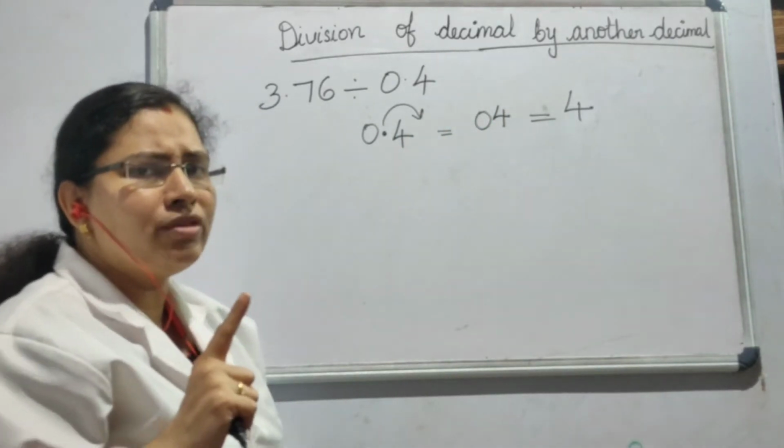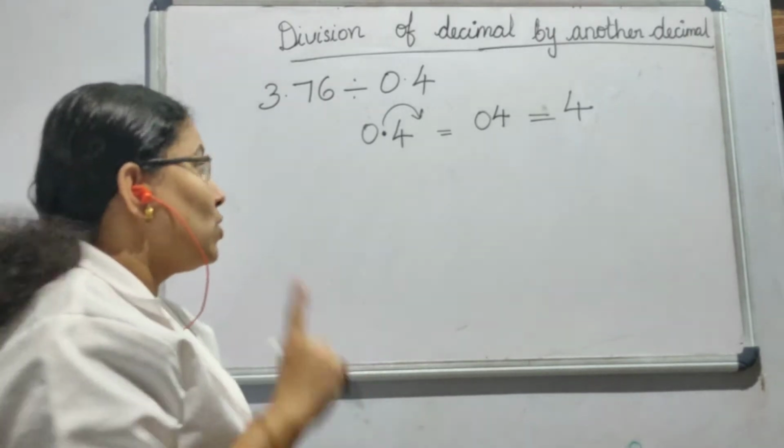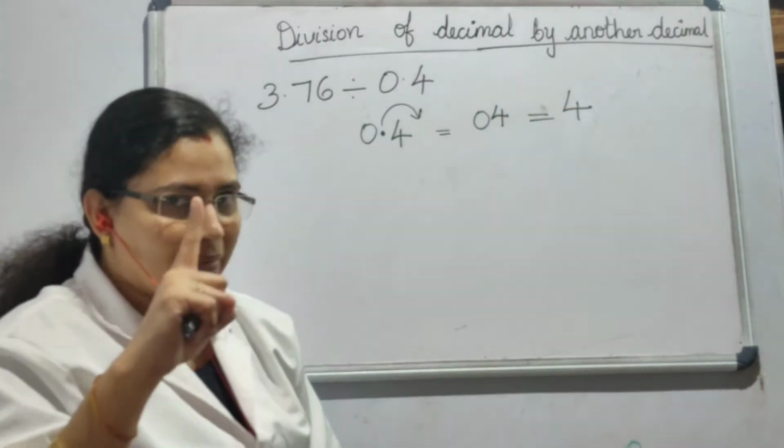So how many times did we move the decimal point? Only one time, one place.